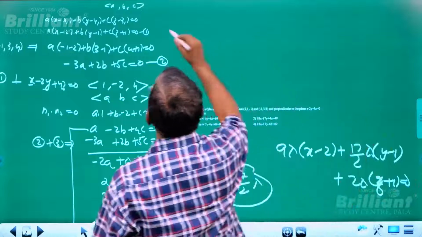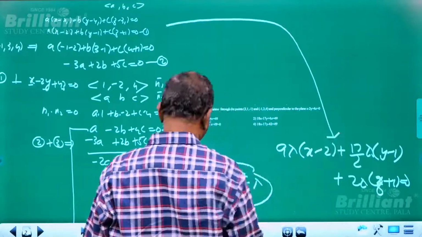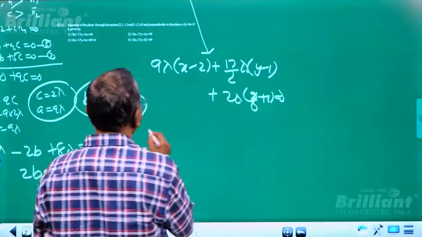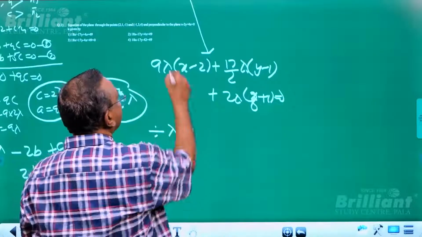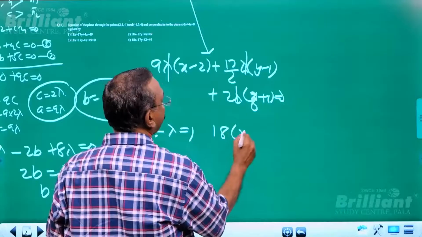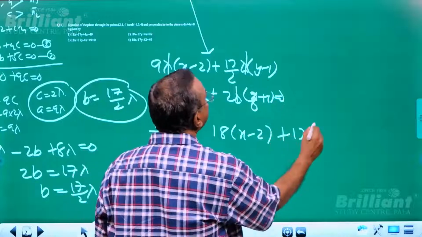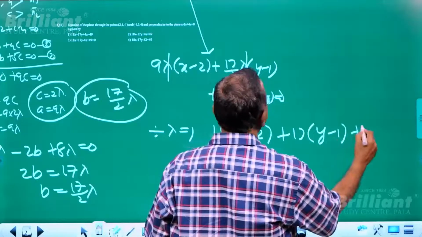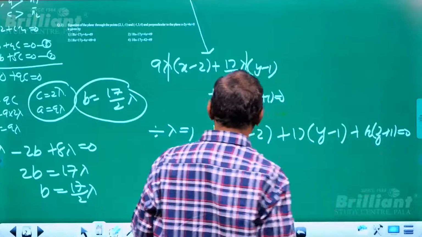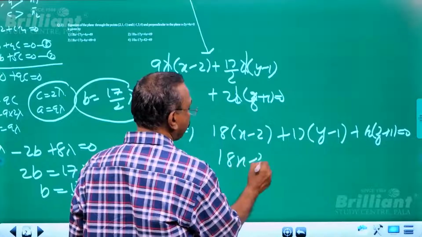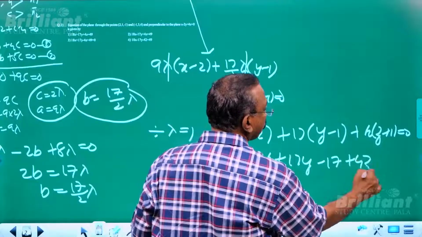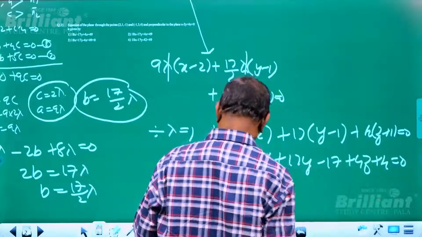Now dividing by lambda, all the lambda gets cancelled, and multiplying by 2 you get 18 into x minus 2 plus 17 into y minus 1 plus 4 into z plus 1 is equal to 0. Expanding, 18x minus 36 plus 17y minus 17 plus 4z plus 4 is equal to 0.